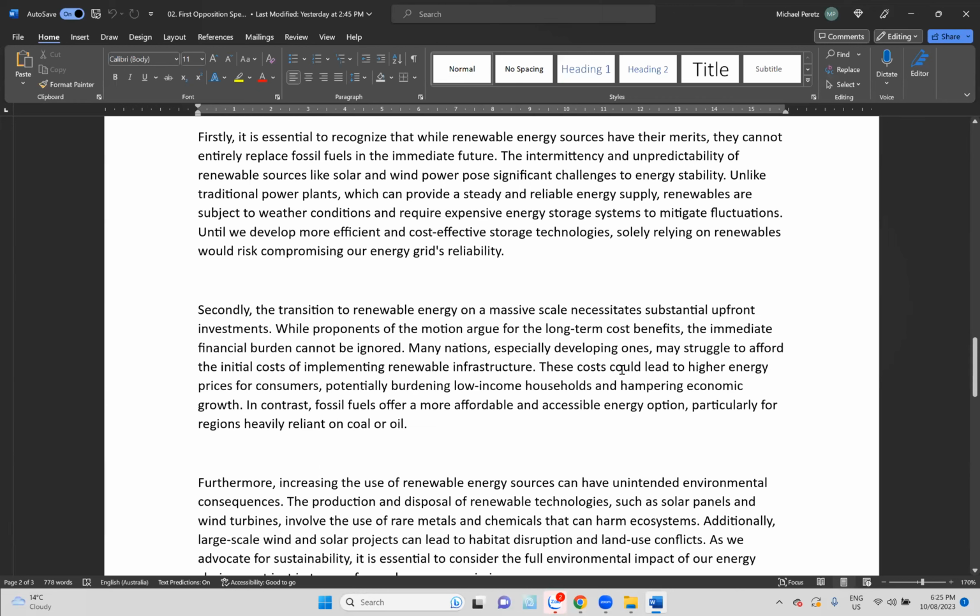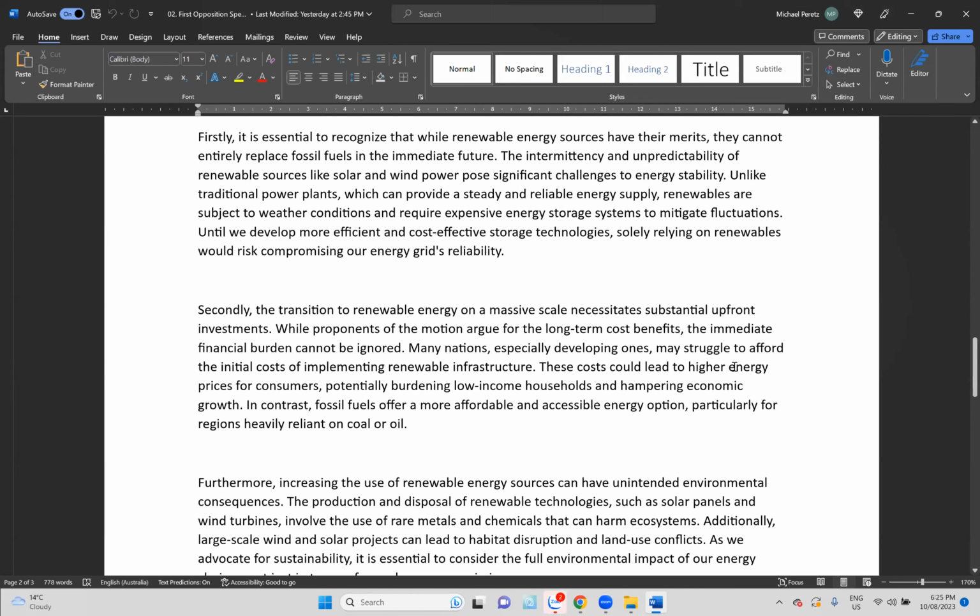Many nations, especially developing ones, may struggle to afford the initial costs of implementing renewable infrastructure. So they're saying that some countries that aren't as rich as other countries might struggle to afford this renewable energy solution. So that's again another attempt to pick at the proposition's case.